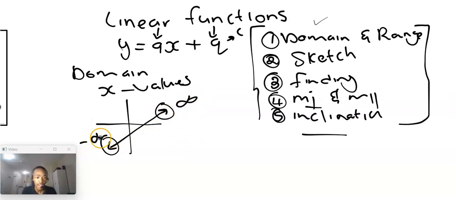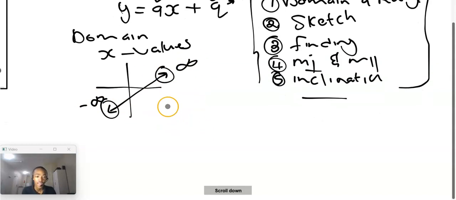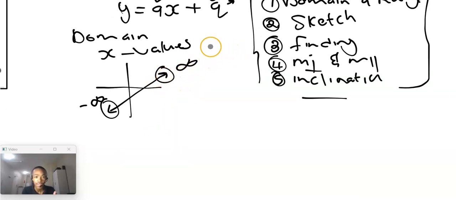Positive infinity and negative infinity, meaning that the function does not stop, it goes on to infinity, right? And of course here means that the function comes from negative to positive infinity, right? So that's what domain is, but we're looking at x values in that case, right?